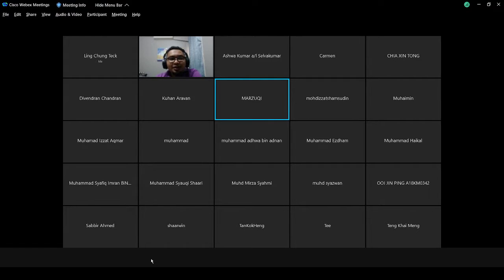Doktor, all the groups must do the project design based on the design brief given. Okay. Any more questions?